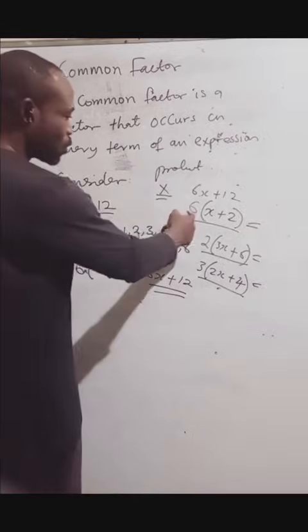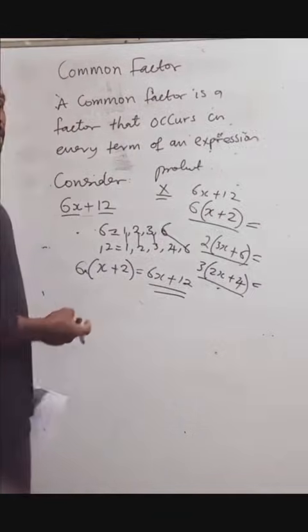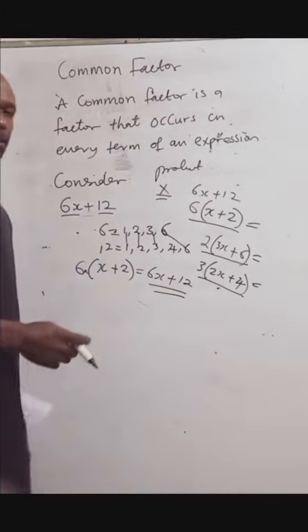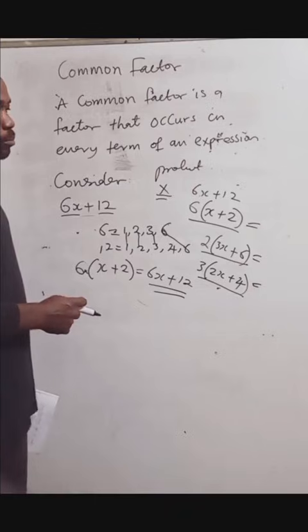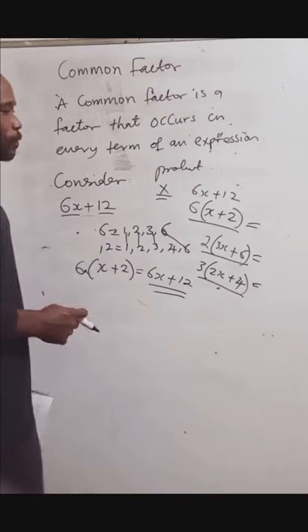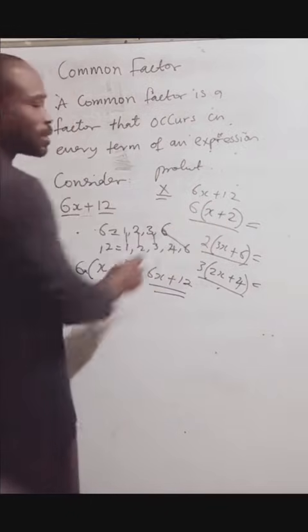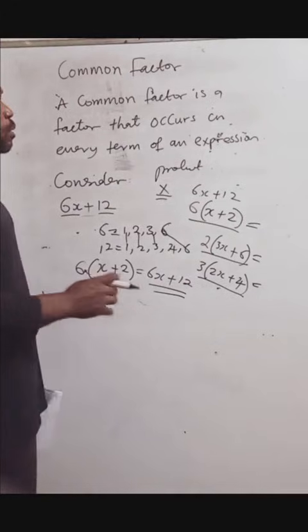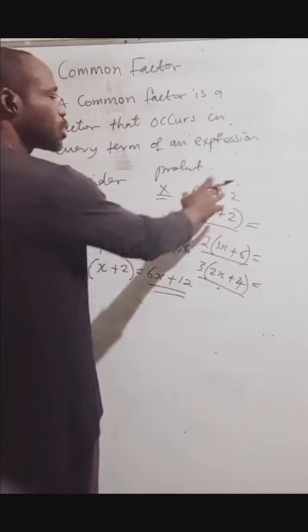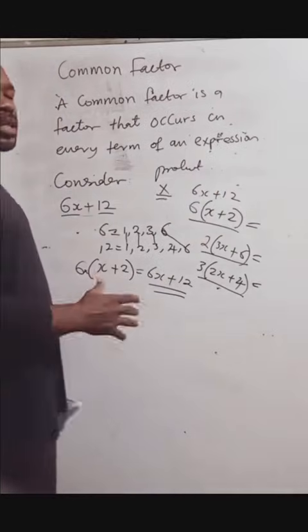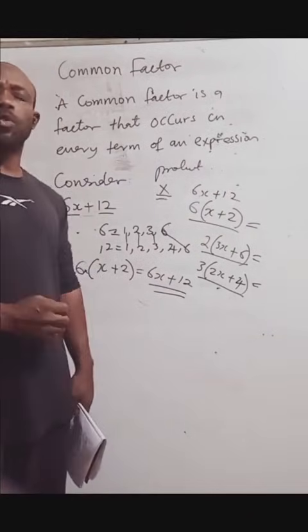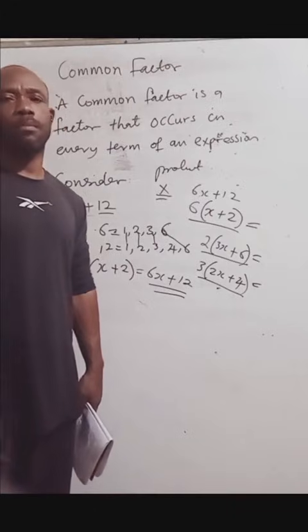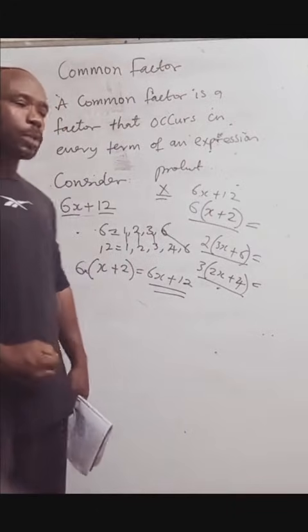But this version, 6 multiplied by x plus 2, can't be simplified more than this. Therefore, this is the correct answer. So when you are asked to factorize an expression, you factorize it to its simplest version, in its simplest form. So that's what you're expected to do.